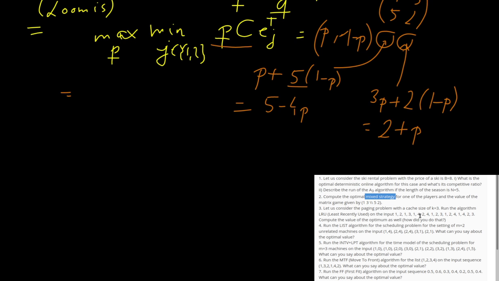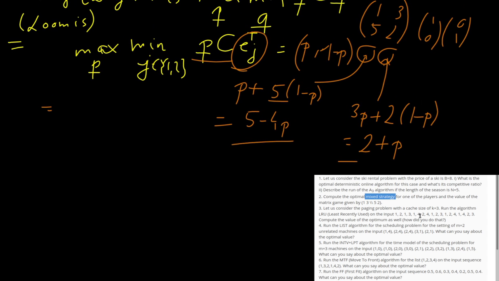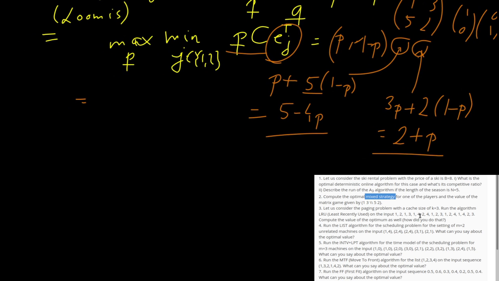Okay, so we have these two columns, and if we multiply by the unit vectors transposed, multiplying by 1, 0 would pick this, and multiplying by 0, 1 would pick that, which means that we have to maximize, for the value of p, I'm not writing a vector here because right now I only have one variable, the maximum over p of the minimum of these entries which we just computed.